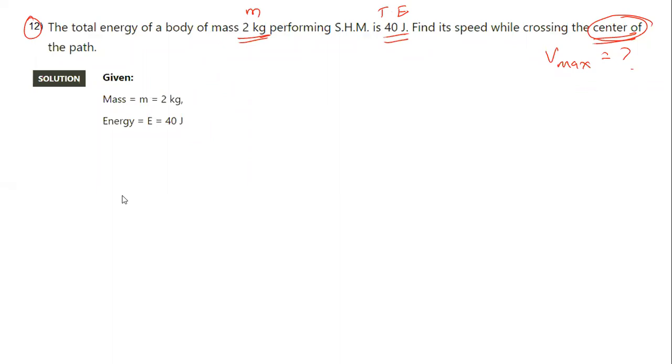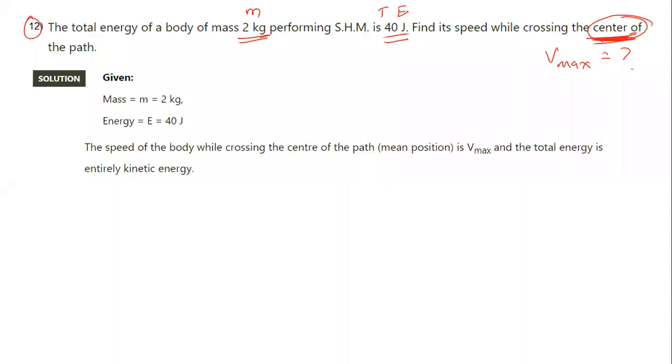Now we can use the formula of total energy, 1 by 2 m omega square a square, or we can use the formula directly here. At the center, the body has only kinetic energy, meaning at the mean position the total energy is equal to kinetic energy. The speed of the body while crossing the center of the path is maximum.